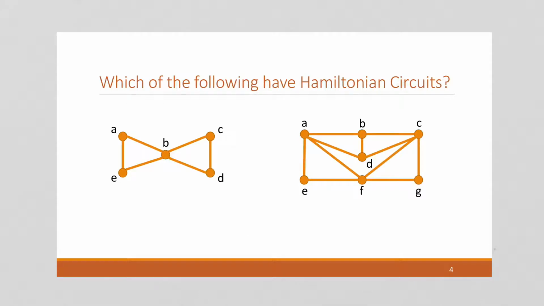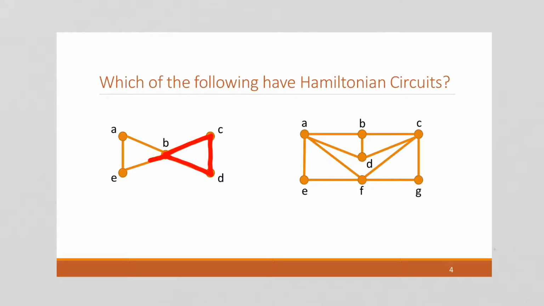Now we want to look at these graphs and say which of the following have a Hamiltonian circuit. Well, this first one, my intuition is that it doesn't, because we get to B, but in order to get back over here, I've got to go through B again, and that's not allowed. You can try it a couple of different ways. What if I start at B?